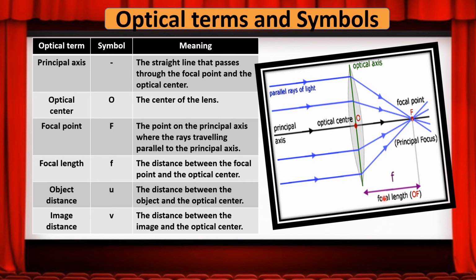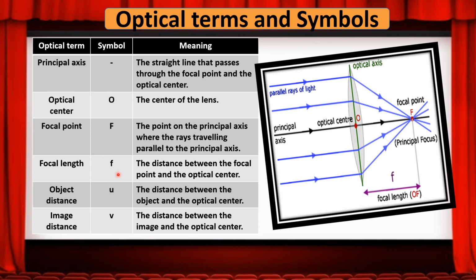This is the focal point, with a capital letter F symbol. The point on the principal axis, this is the principal axis line, where the rays are traveling parallel to the principal axis. So this one.